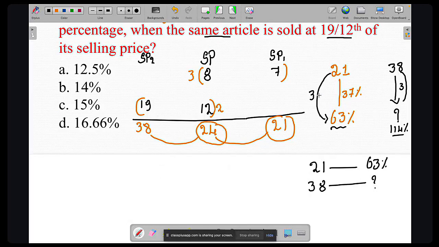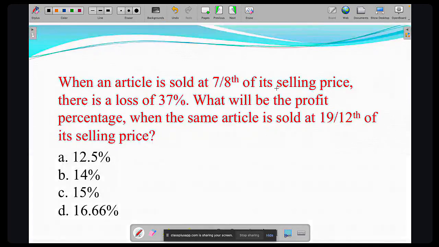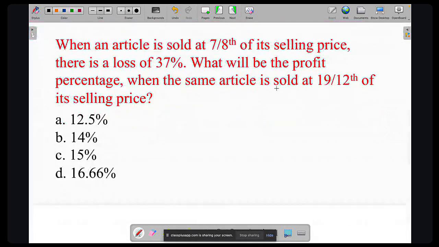One more time I will do it. Read the complete question once. See, understand clearly. Just once again I will repeat. Everything is related to selling price. Comparison is also selling price. When an article is sold at 7/8 of its selling price, which means initially I have one article and I'm selling it at 8 rupees.